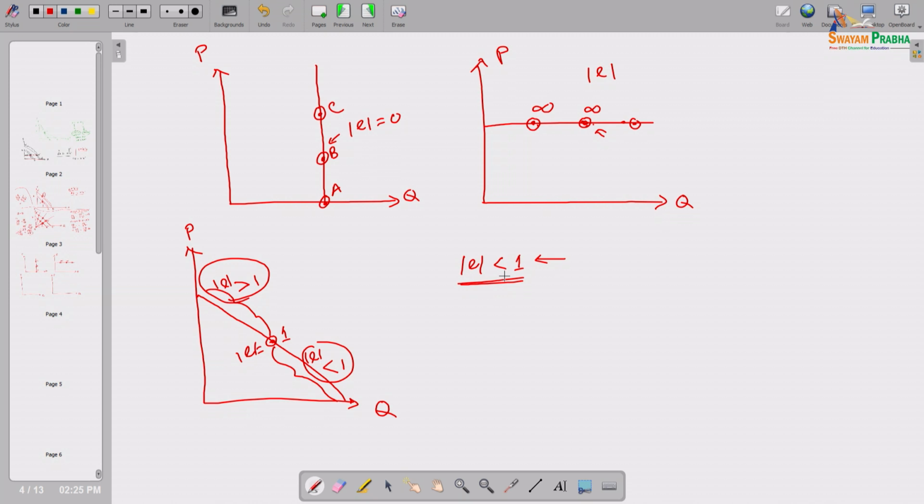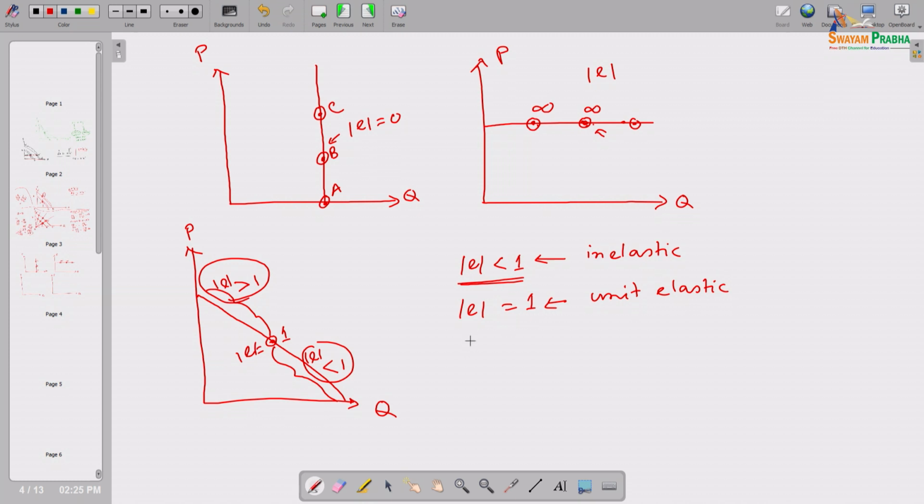Exactly the same way, when the value is 1, this will be called unit elastic.